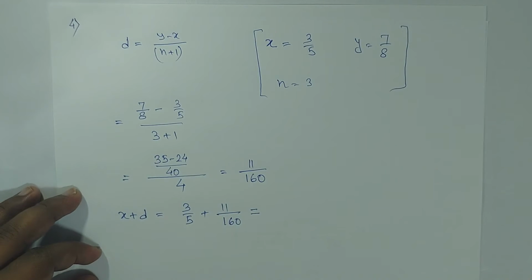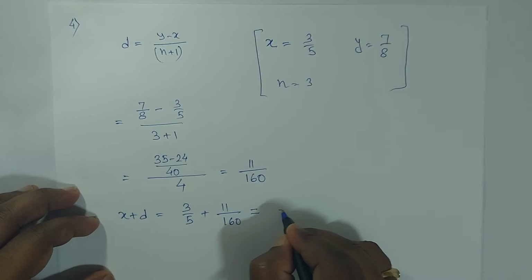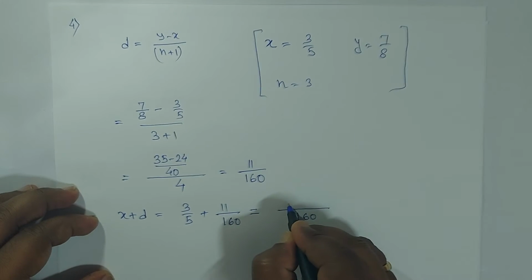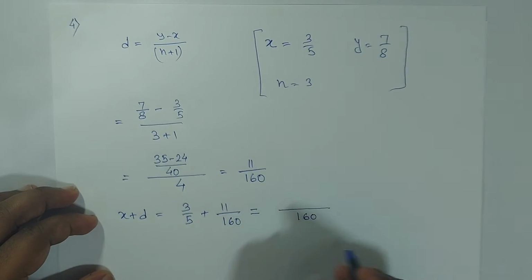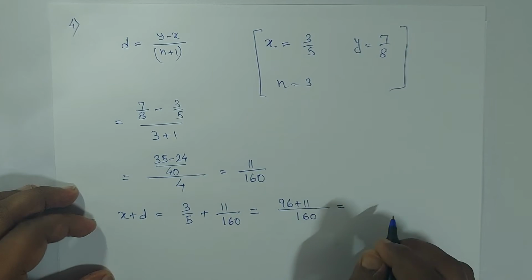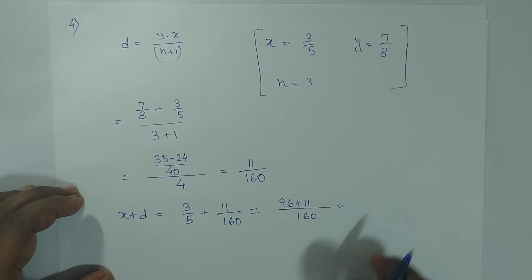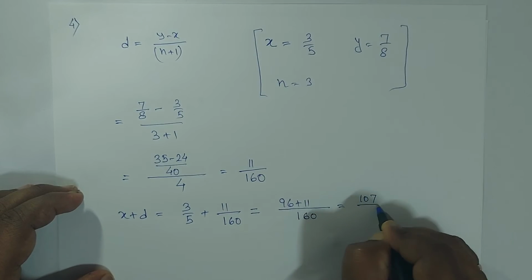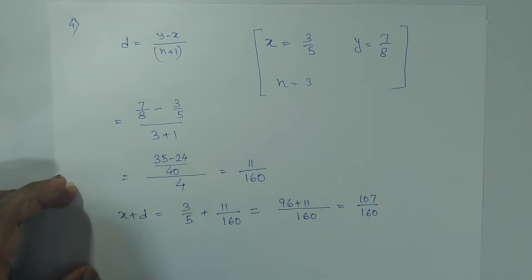The LCM is 160, so this will be 96 plus 11, which is 107 by 160.